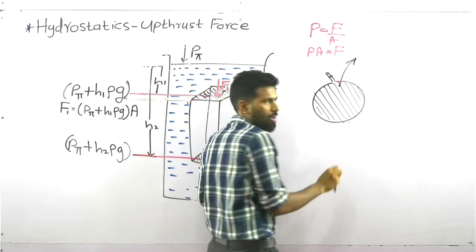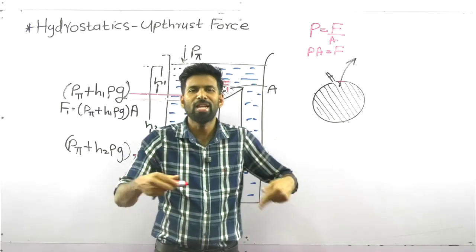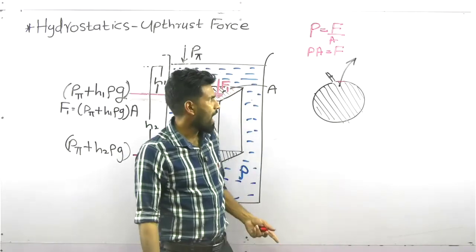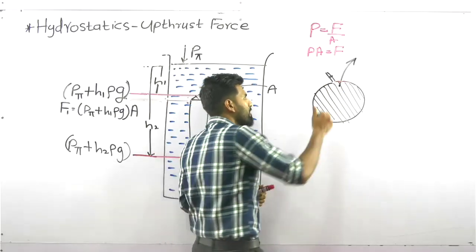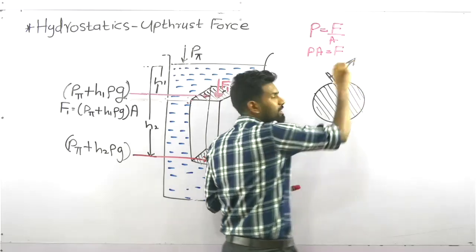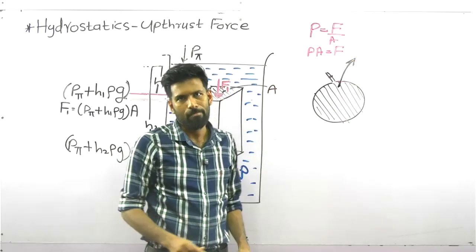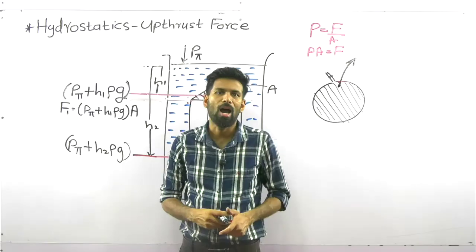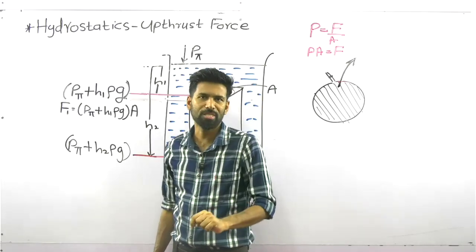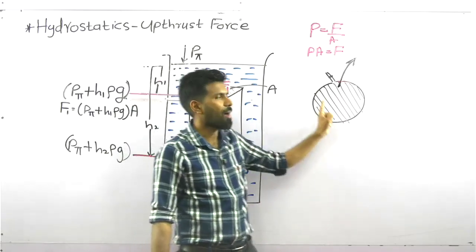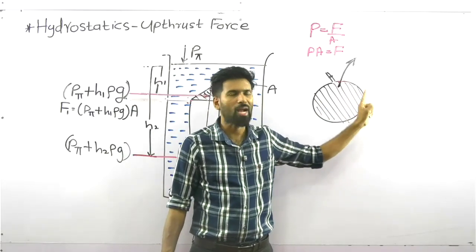Before creating the hole, the liquid was feeling a pressure, and as soon as you opened it, the liquid jumped outside due to that pressure. What do you mean by that? Pressure acts upward also. Last week we discussed that pressure is acting upwards also.